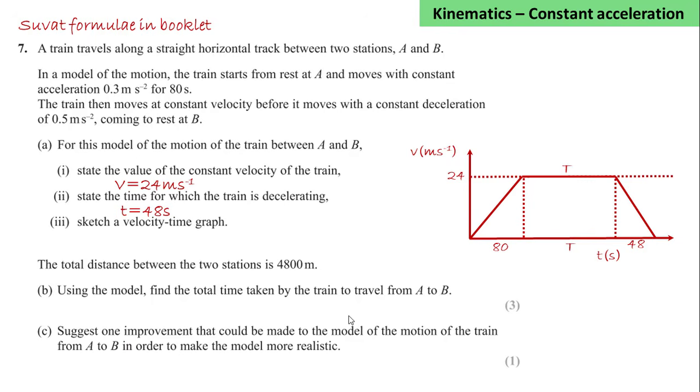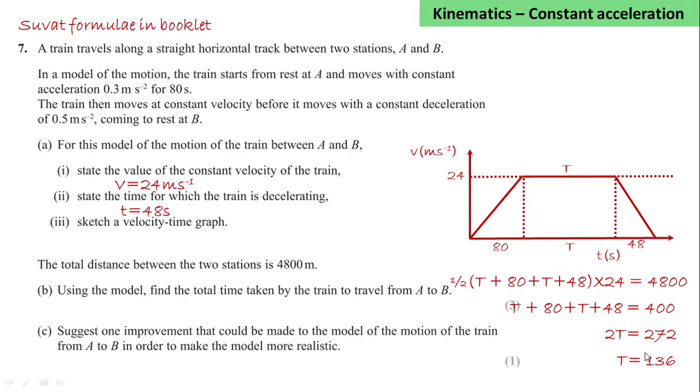We're told the total distance between the two stations is 4,800 meters. So using this graph, we take the area under the graph to be the distance travelled. So this is a trapezium. So we want to half the average of the two parallel sides, so that's (t plus 80 plus t plus 48) times 24, the perpendicular height, and that will equal 4,800.